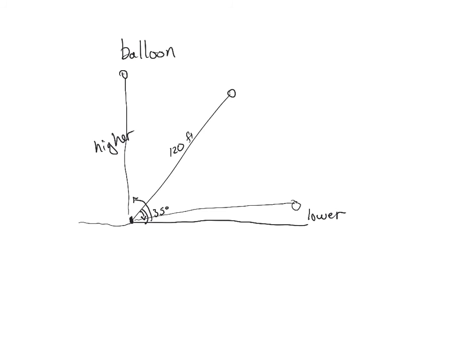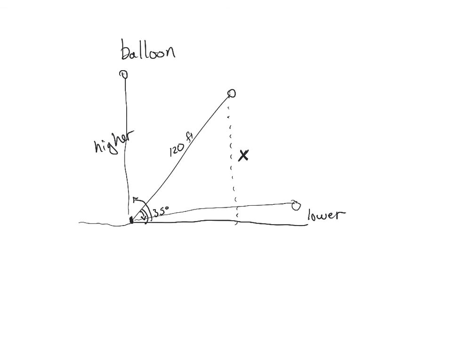If we need to find the exact amounts, like the height, say our original height here from that balloon, well, we know this is 35 degrees. We just need to find x, the height.